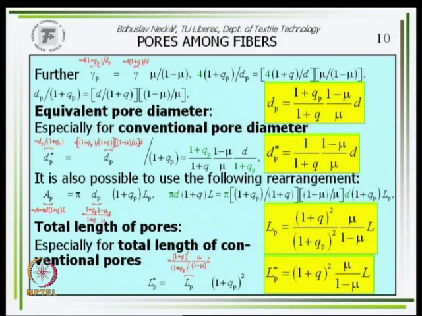So based on convention, we define the quantities related to the conventional pore. Every time we are able to calculate conventional properties of the conventional pore. The second question is whether in this or that textile structure it corresponds well or badly to the real dimension or length of pores. We will see it.